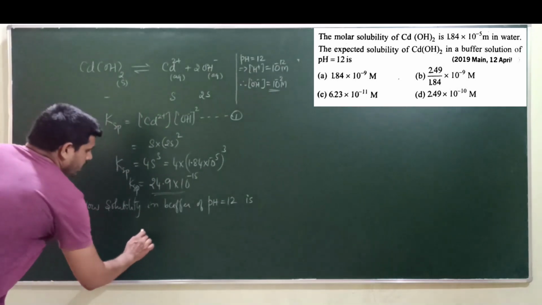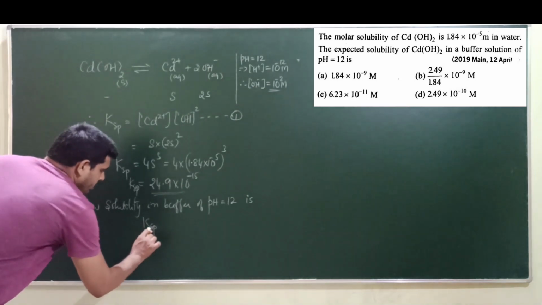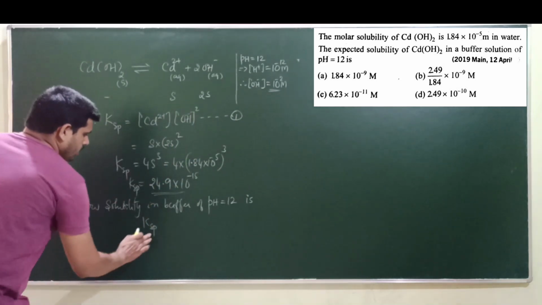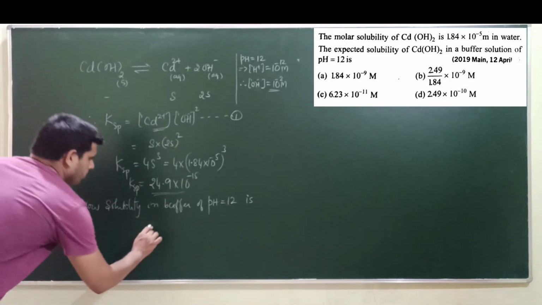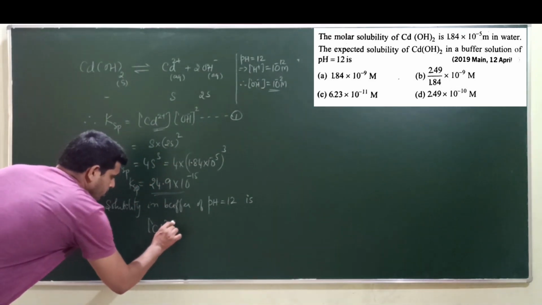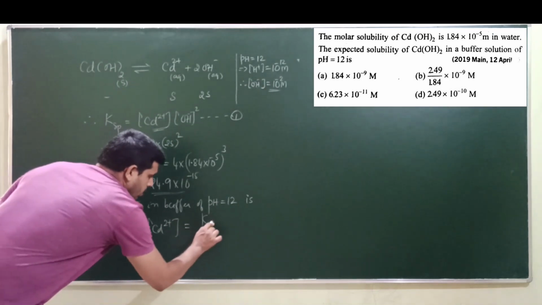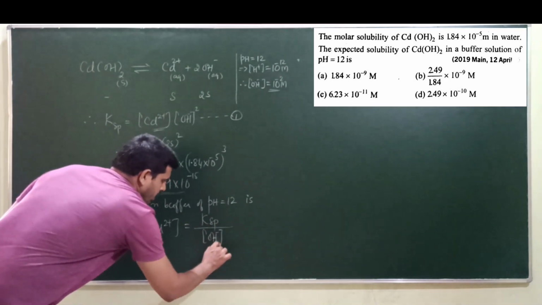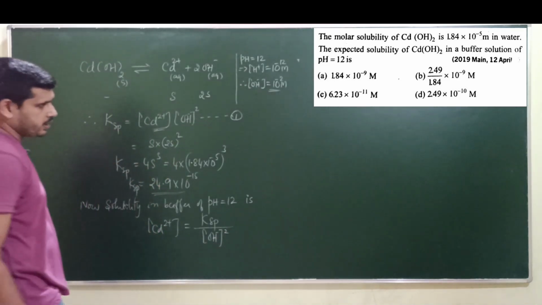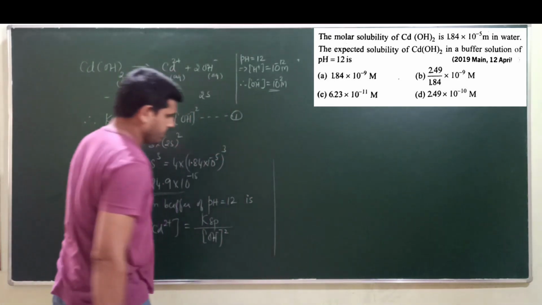Therefore I can write, utilizing this equation, the molar solubility, the concentration of cadmium 2+ ion, is equal to Ksp divided by the OH⁻ concentration the square. Fine, no? So I'll write here further.